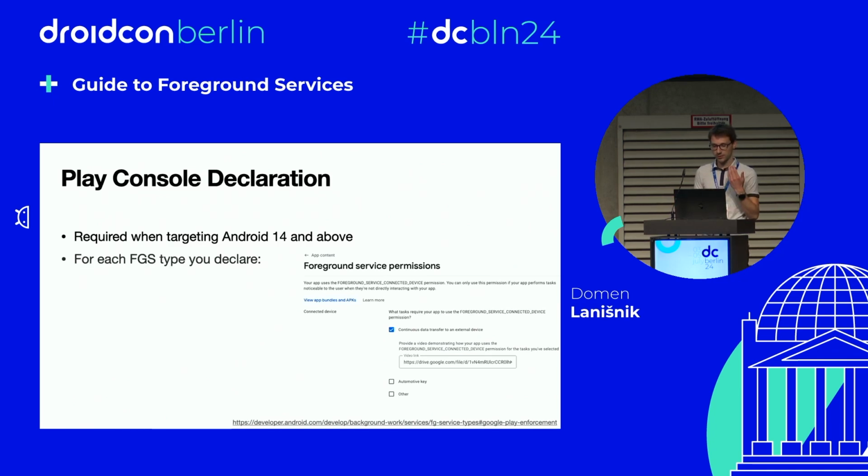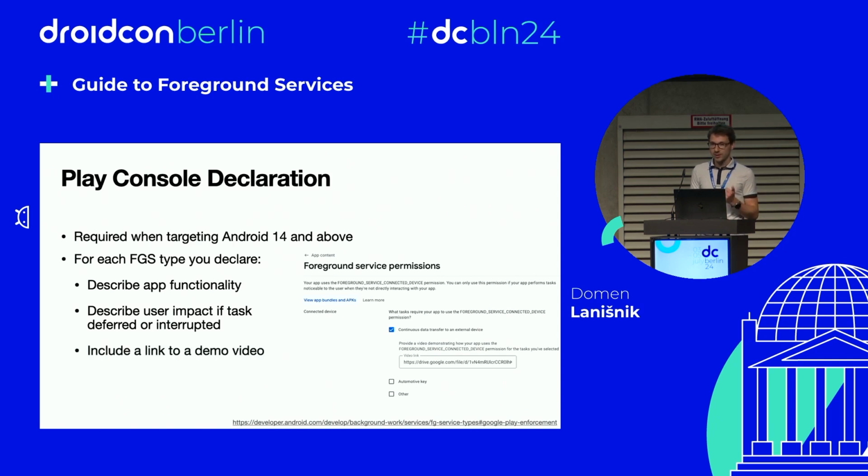And what you have to do is, for each foreground service type that you declare, you have to describe the app functionality that uses it, describe the user impact if the task were to be deferred or interrupted, basically why you cannot use Work Manager. You need to include a link to a demo video to show what the service actually does in your app, and then select a use case on why you're using a foreground service, basically making sure that it's a valid use case. There's a predefined list of use cases. If none works for you, then you can also just write a description and explain why you need it.